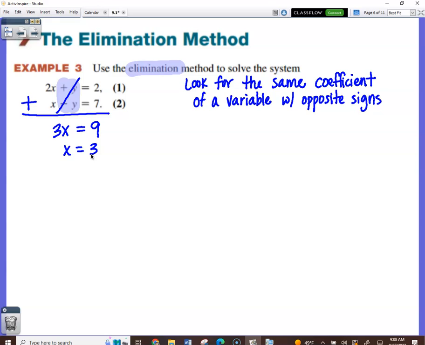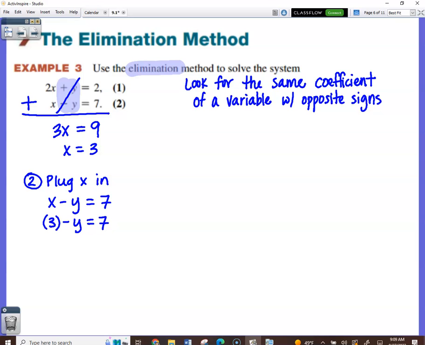I'm going to pick equation 2 to plug it in. Doesn't matter which one you pick. I'm going to use equation 2 and plug x in. So equation 2 is x minus y equals 7. I found x to be 3. The parentheses are there just to let you know I was plugging it in.